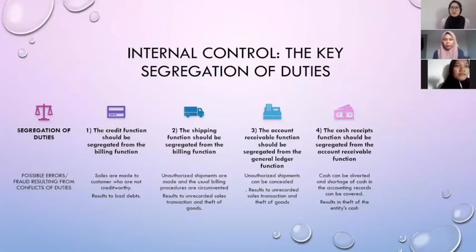One of the most important internal controls that can be implemented by a company for the revenue process is a proper segregation of duties. In order to minimize the risk of errors and fraud, duties associated with product and cash handling are often segregated.